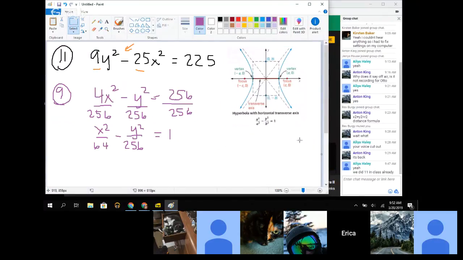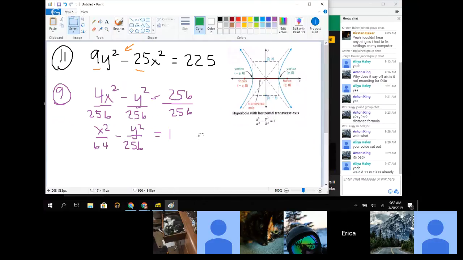All right, so now I'm going to figure out where my vertex and my focus points and my co-vertex are. It says identify the vertex, foci, and asymptotes of the hyperbola. So that's kind of the new thing.